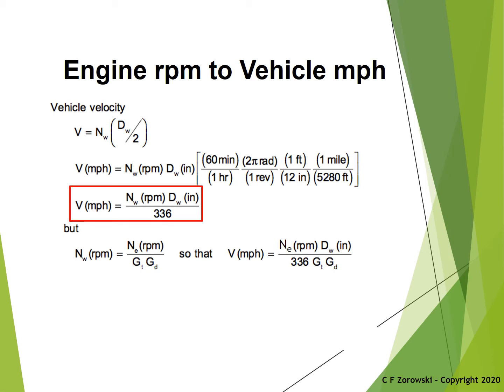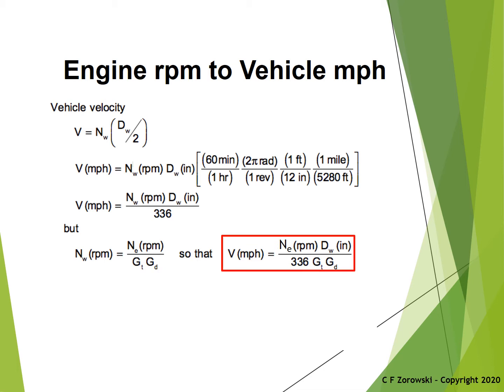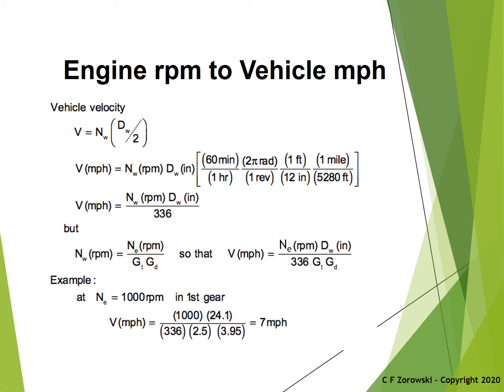Recognizing that wheel speed is the engine speed divided by gear ratios results in the final equation for vehicle speed in terms of engine speed. An example calculation is presented for one specific engine speed and transmission ratio. This is then repeated for every engine speed listed and all three transmission ratios.